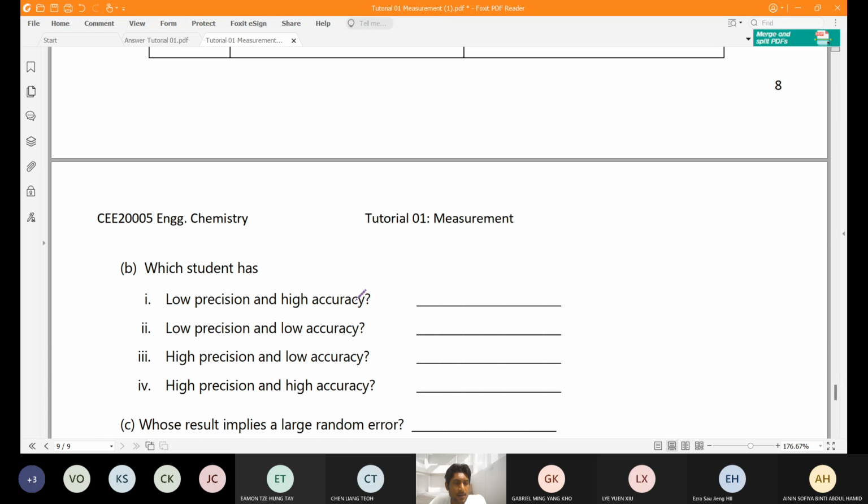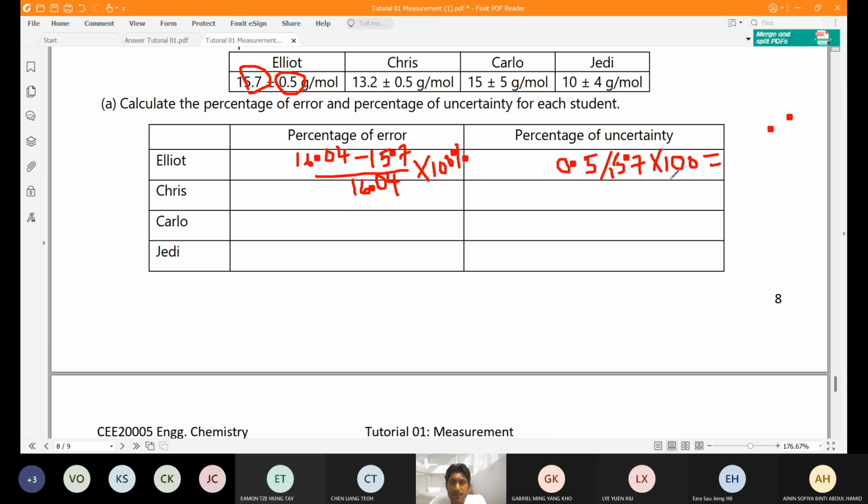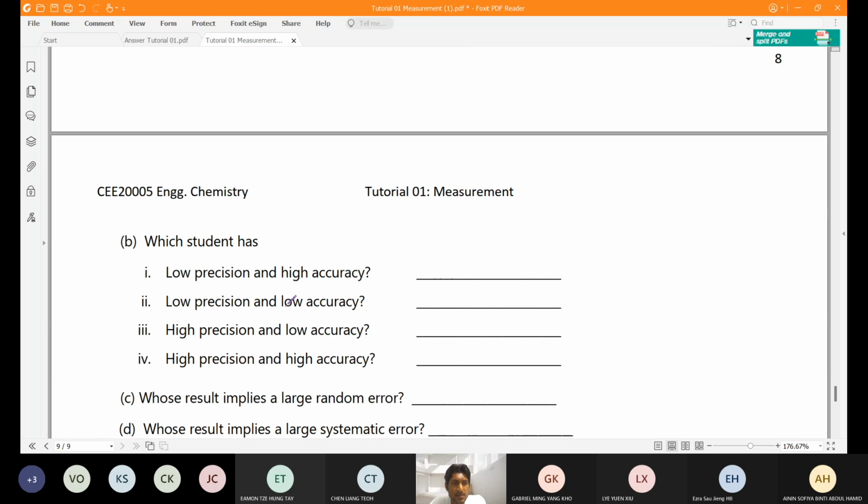Okay, so if we find out the values, we will see that someone has a low percentage of error but high percentage of uncertainty, and someone else the opposite. Based on that, who will have low precision and high accuracy?